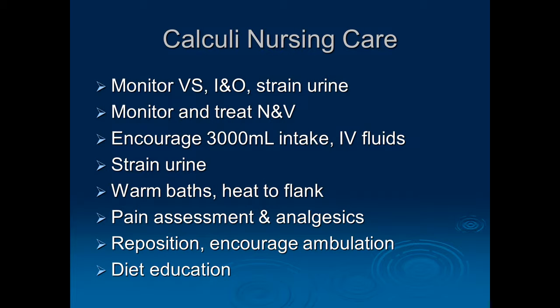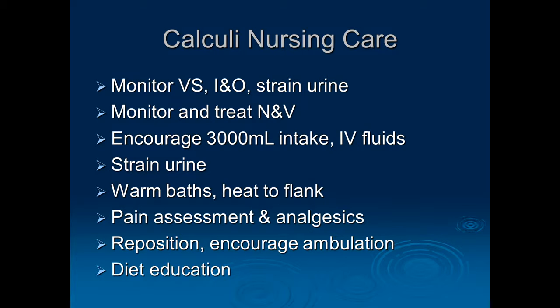Nursing care includes monitoring vital signs, maintaining intake and output, straining urine, making sure they're continuing to void, monitoring and treating nausea, vomiting, monitoring and treating pain as well, encouraging a lot of intake to help flush the kidneys out, to move that stone on out of there.